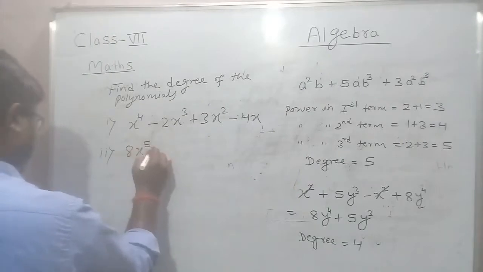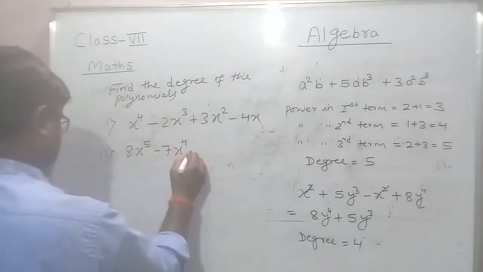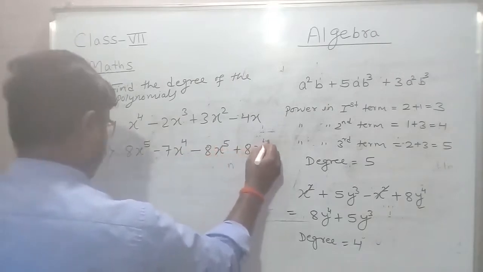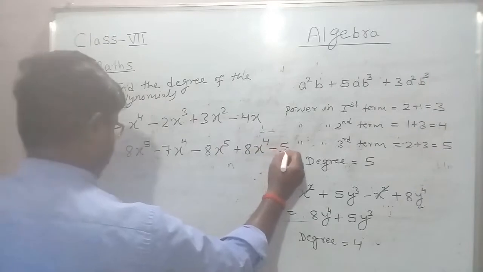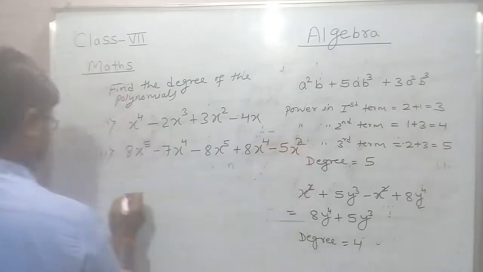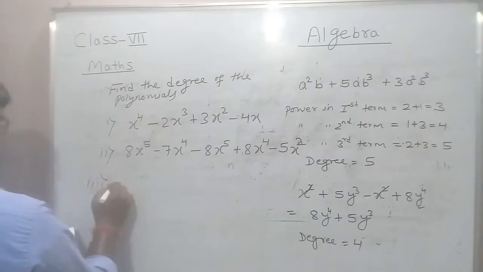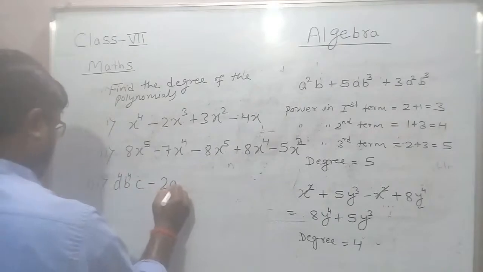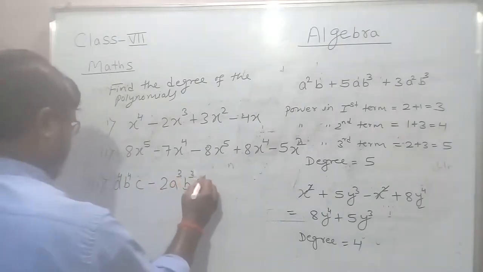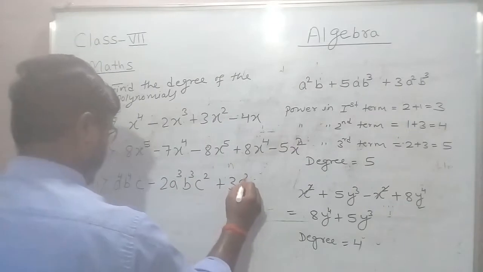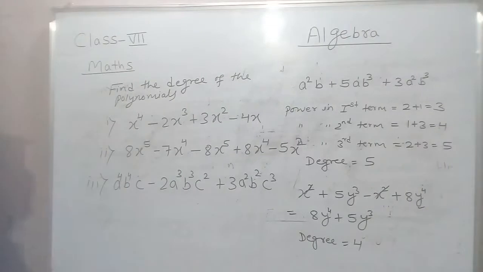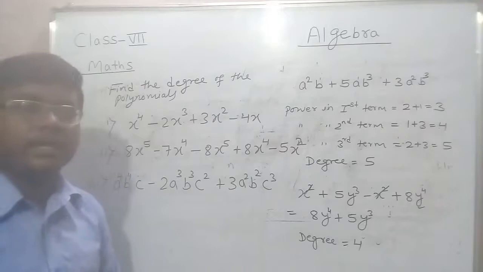Then: 8x to the power 5 minus 7x to the power 4 minus 8x to the power 5 plus 8x to the power 4 minus 5x square. Then: a power 4 b power 4 c minus 2 a cube b cube c square plus 3 a square b square c cube. You try to find the degree of these polynomials or algebraic expressions.